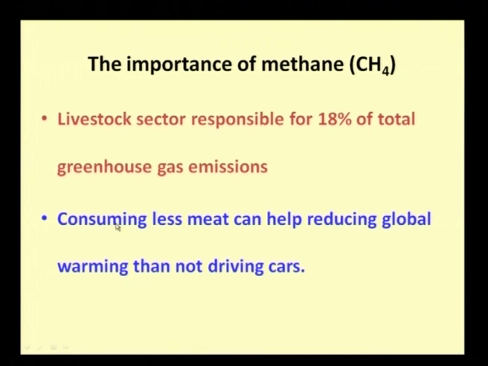It is somewhat paradoxical that consuming less meat is more effective in reducing the greenhouse effect than not driving the car. And therefore, this is the fact about the importance of methane, and that is the importance of the livestock.